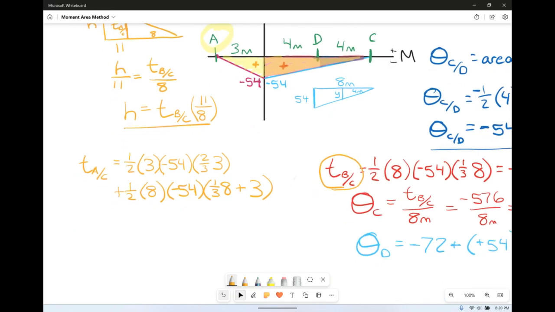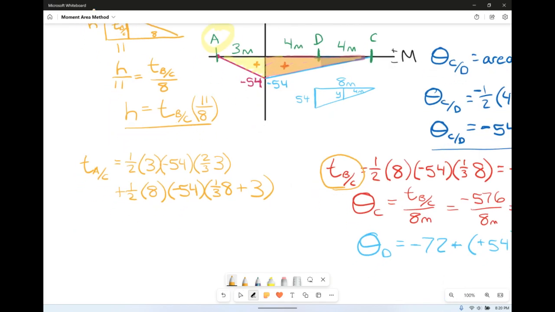So again, we have -54, -54. So this is going to be a negative value. We have the vertical deviation of A with respect to C. We're going to get -1,386. This is technically kilonewton meters cubed over EI.